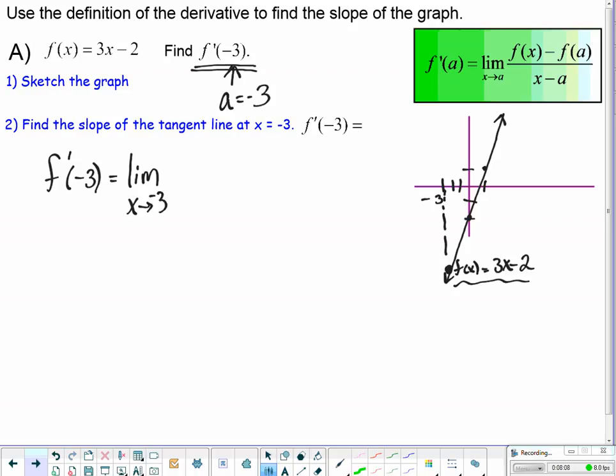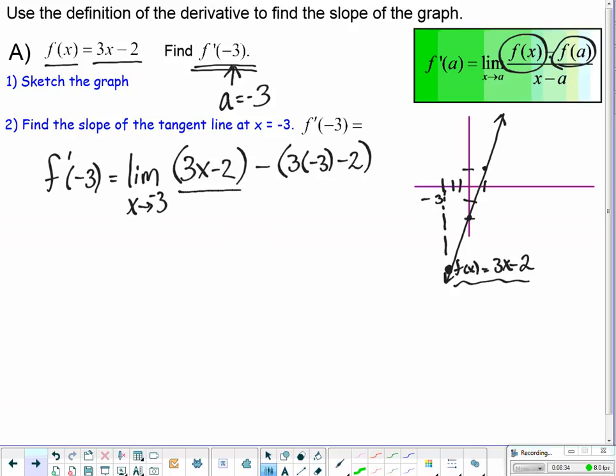So as x moves to -3, I want to evaluate f of x minus f of a. Well, f of x is simply 3x minus 2, picking that up from the givens. And then minus f of -3, which means I'm plugging in -3 everywhere I see x. This is divided by x minus a, or x minus -3, keeping in mind our a value was -3.